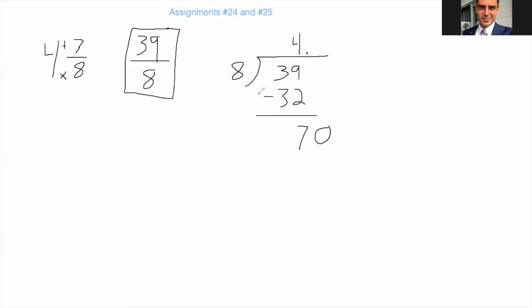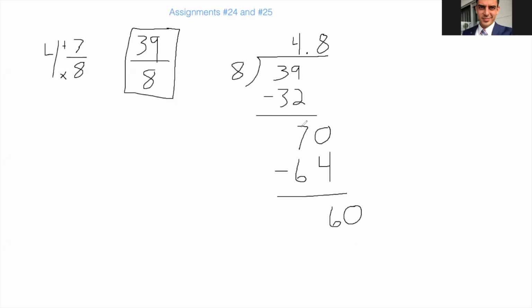So then you have to figure out how many times 8 goes into 70. So that's going to be 8 times, because I know that 8 times 8 is going to be 64. And then we subtract that again. So 70 minus 64 is going to be 6. And then 8 does not go into 6, so we would add another 0 there. In this case, we don't put another decimal because we already did one.